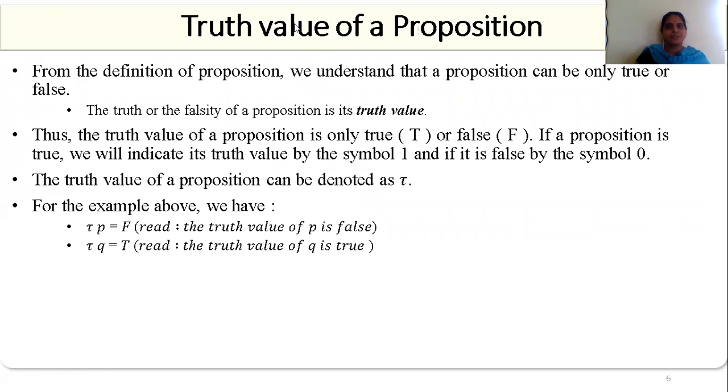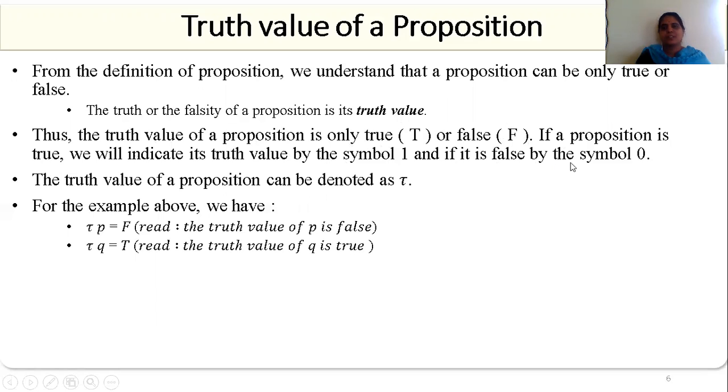Next, the truth value of a proposition. As we said, a proposition results in either true or false. The truth or falsity of a proposition is called its truth value. The truth value of a proposition is only true, indicated with a capital T, or false, indicated with a capital F. If the proposition is true, we indicate its truth value by the symbol 1.